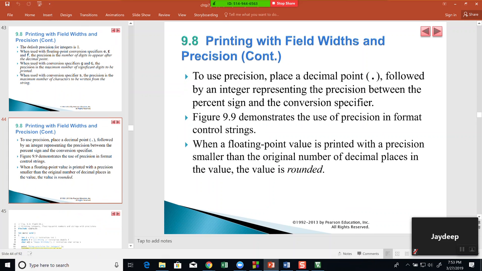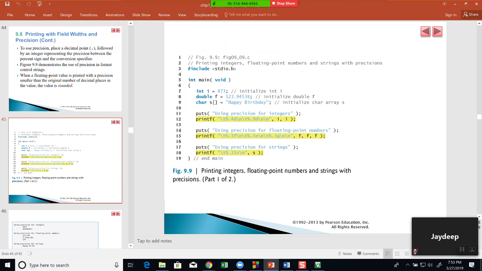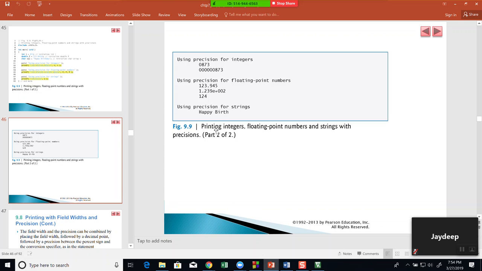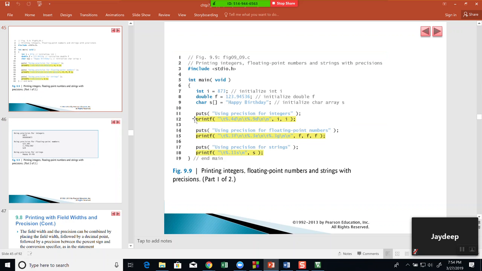Let me give you the example here. The percent 0.4D. I have no clue what that does. I would have thought that the dot 4 would round it to 4 decimal places, but there are no decimal places with an integer.